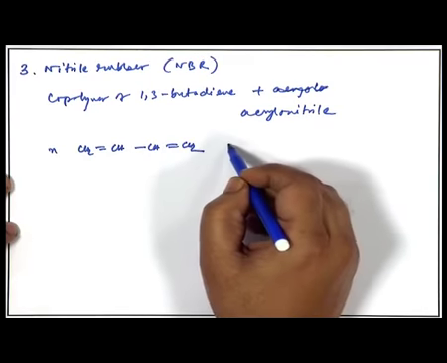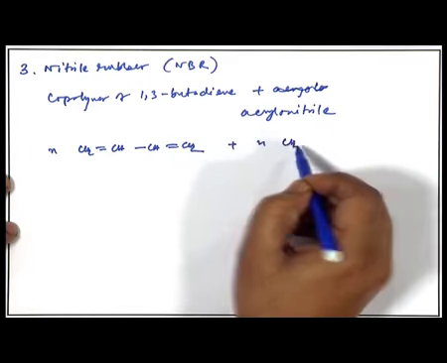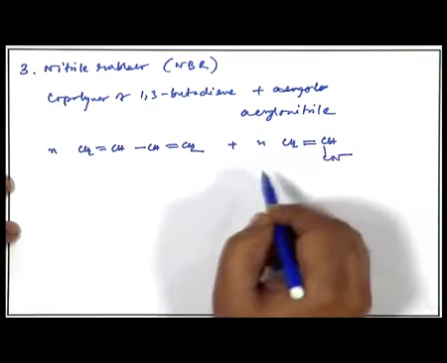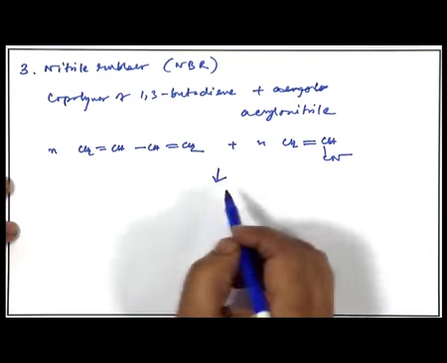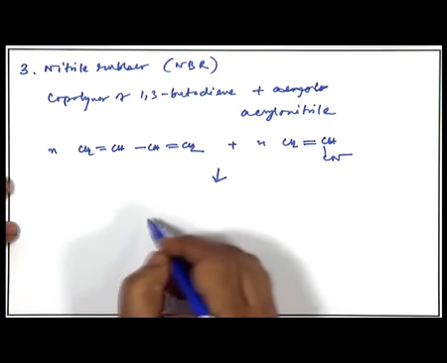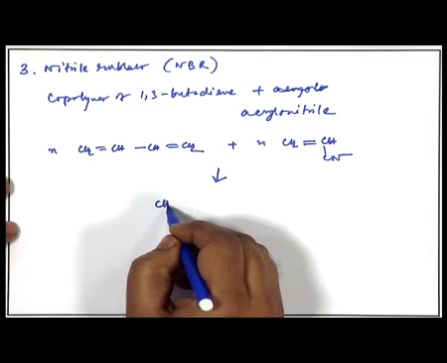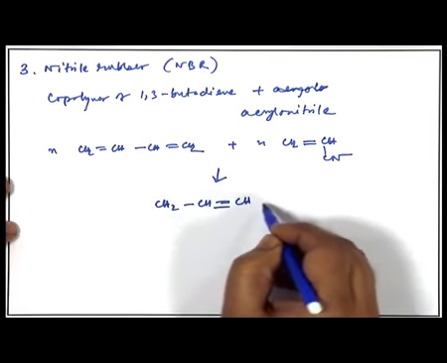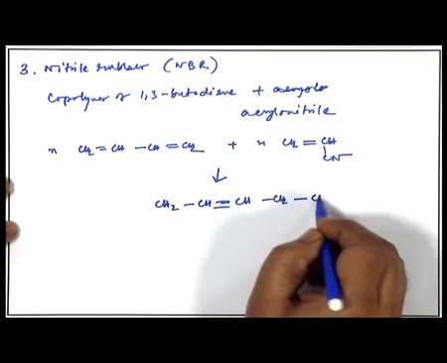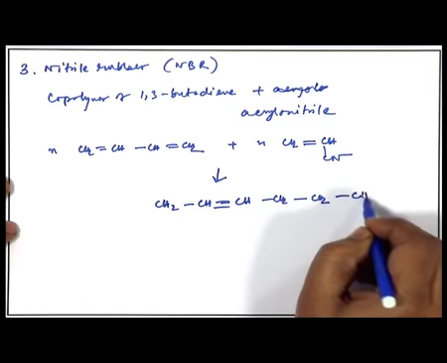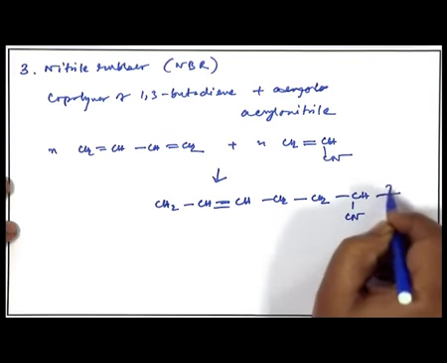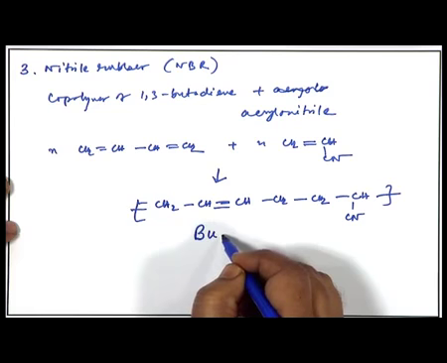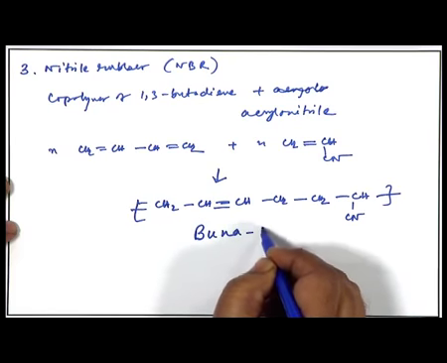This is 1,3-butadiene, plus we know the structure of acrylonitrile here. So, you make a copolymer of this, and I can write the structure. This is called Buna N.